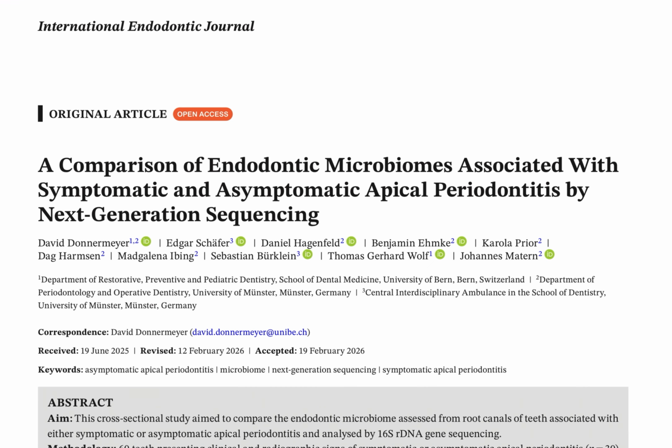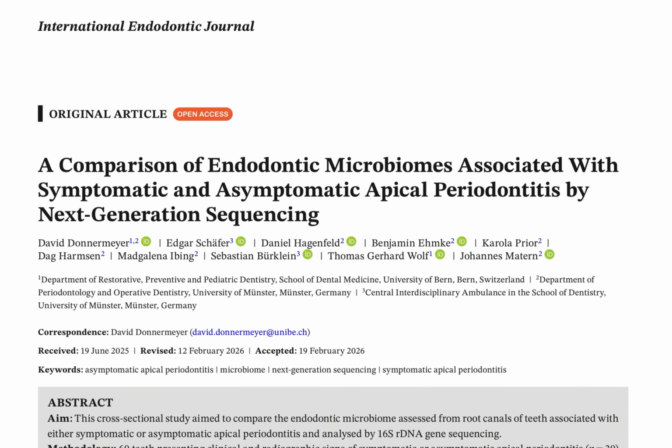Although the sample size is larger than in many earlier studies, inter-individual variability such as tooth type, periodontal or restorative status, systemic conditions, and medications was not deeply stratified and could confound microbiome symptom associations. The study excluded patients with recent antibiotics based on a short recall window, and the true impact of systemic antibiotics on root canal biofilms remains uncertain.